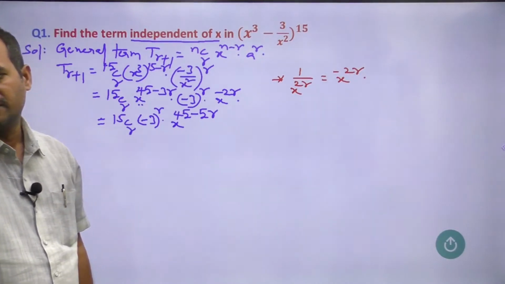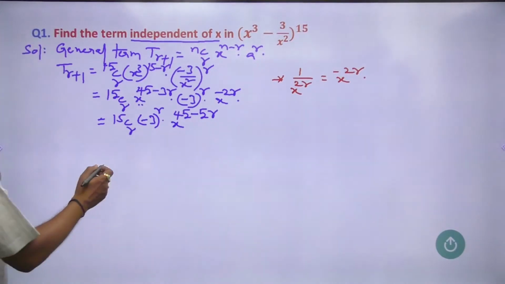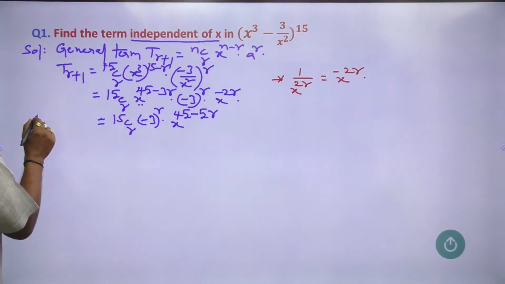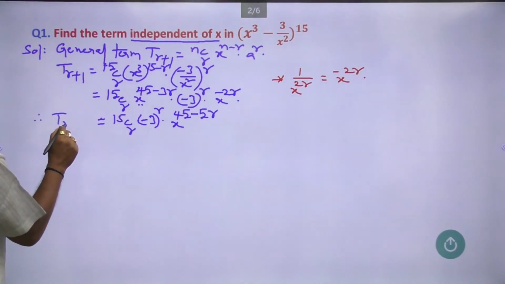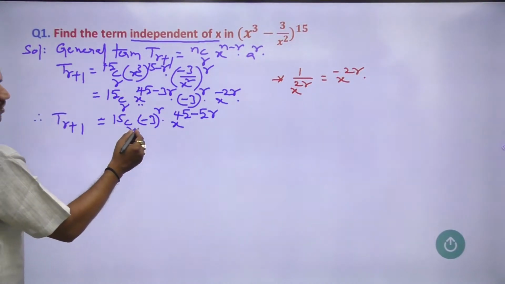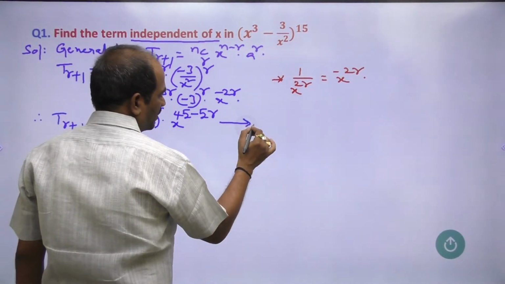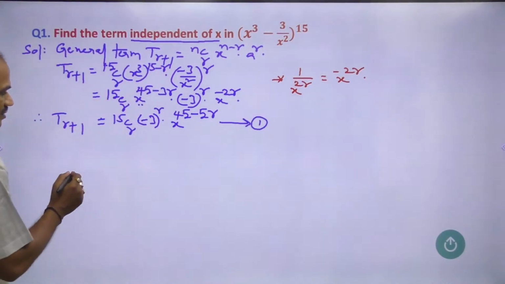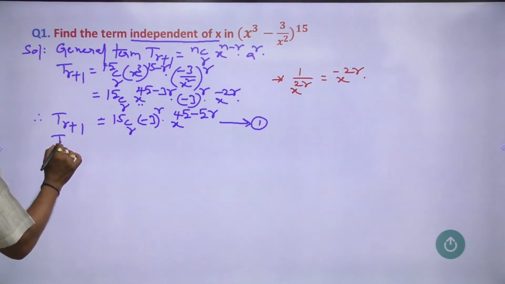To find the term independent of x, t r plus 1 is equal to this value. So that is equation number 1.